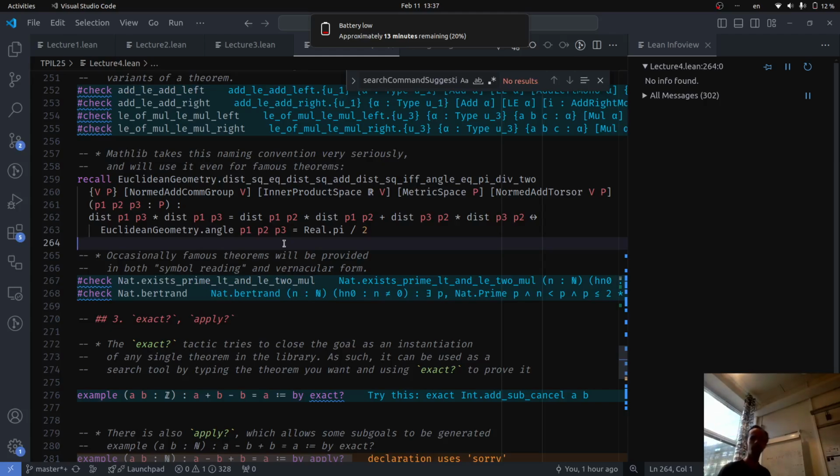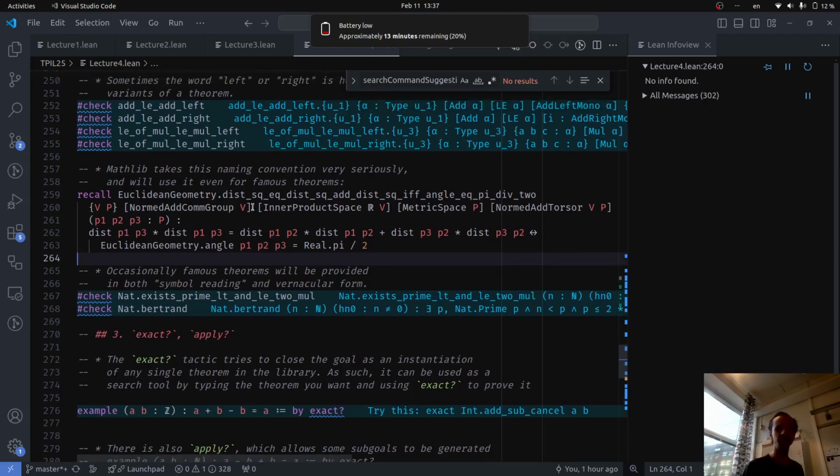Oh yeah, so the suffix sq is actually, I think, basically code for a times a. So it's square, but encoded in that particular way. Oh, so that allows you to tell the difference. I think also mul_self is sometimes used for this sort of thing.